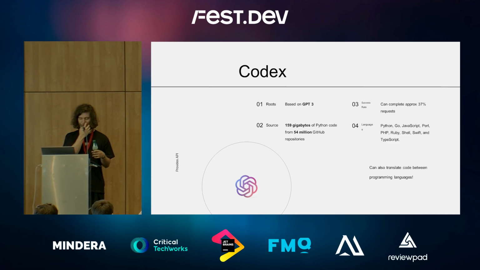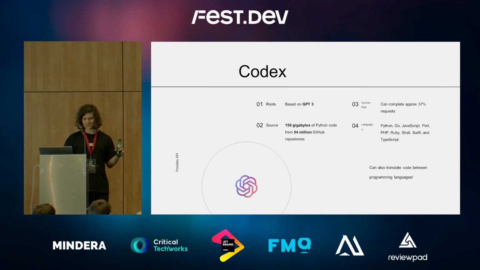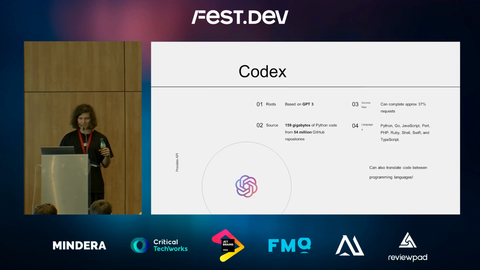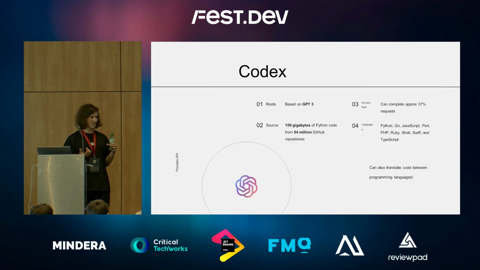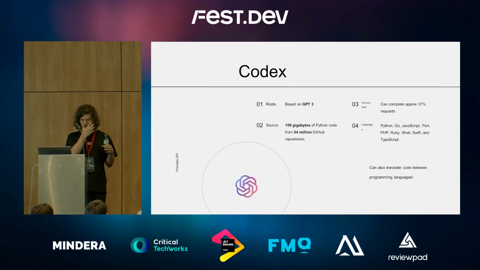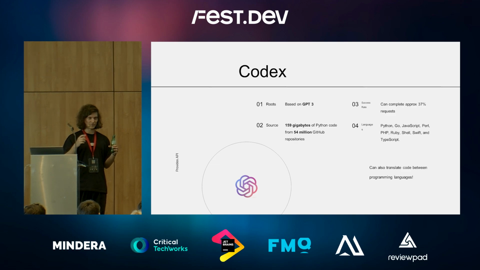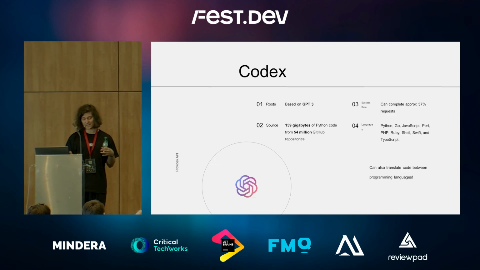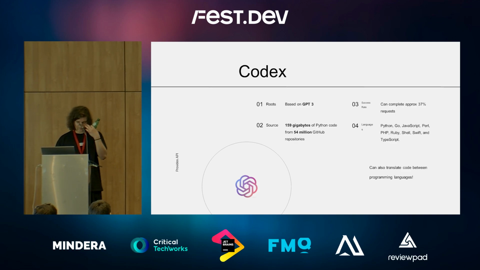They used it to train a model called Codex, and it completes 37% of requests. It supports a lot of languages, and the main thing is that it was trained on Python, but it will also work for JavaScript because they implemented code translation between languages. So you can write a Python script and it will be translated to JavaScript. It's kind of universal.